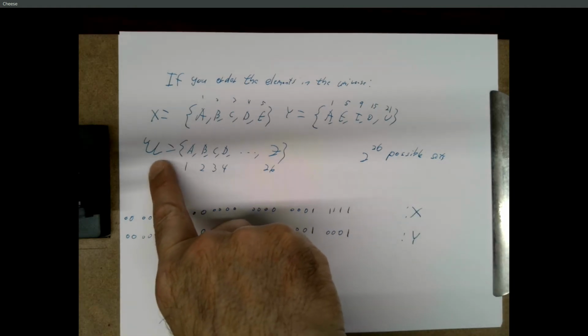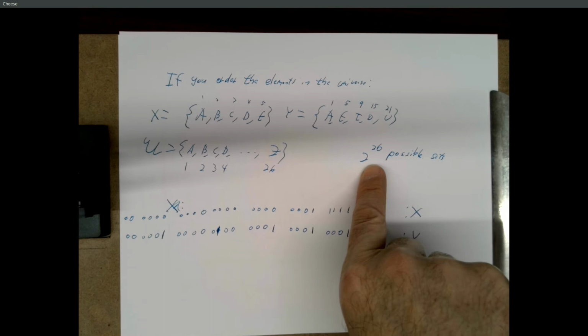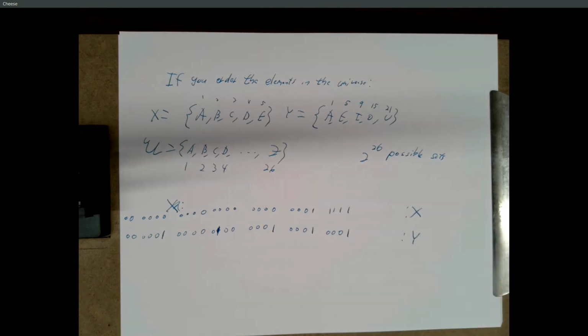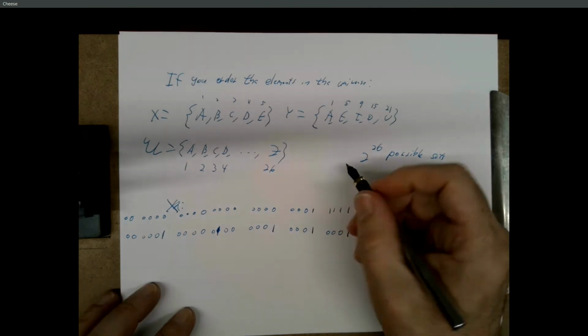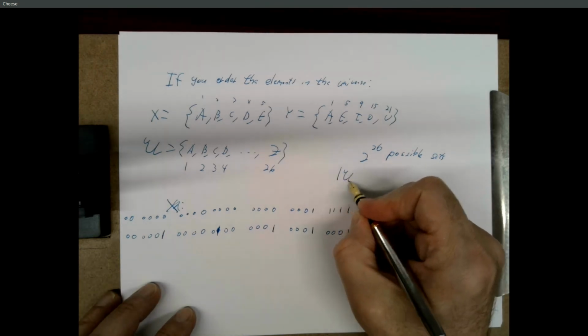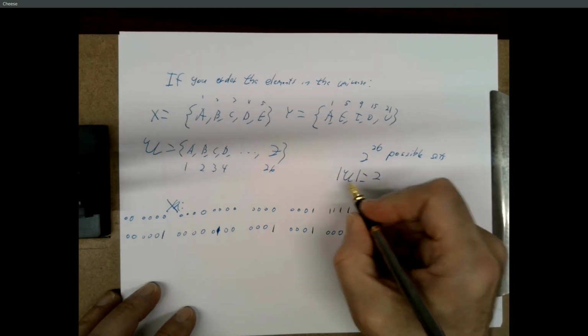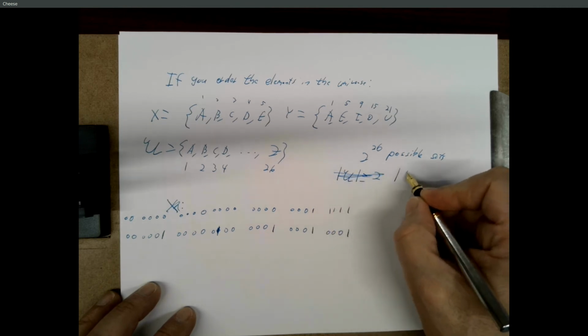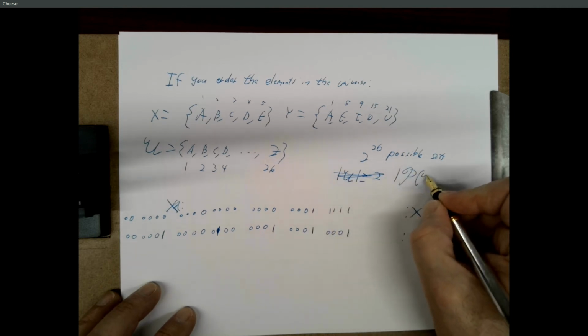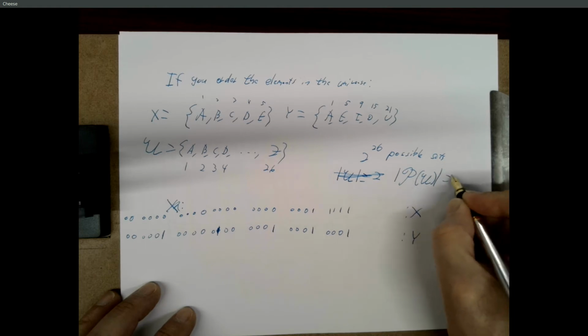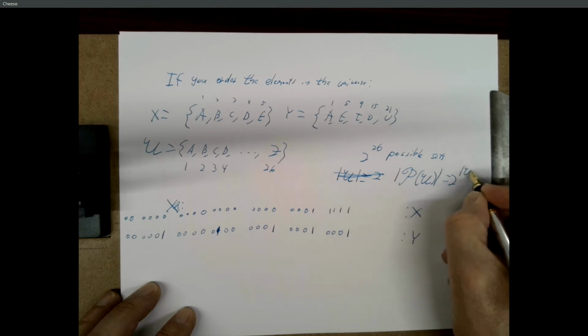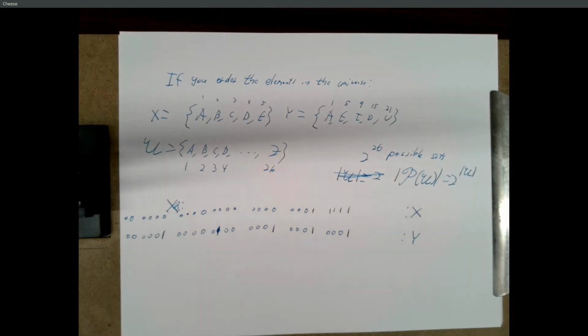In other words, the power set of the universe contains 2 to the 26th sets. That's a tongue twister. And we've already seen that the number of elements in the power set of a set should be 2 raised to the number of elements in the set. So this still makes sense with what we did a few days ago.